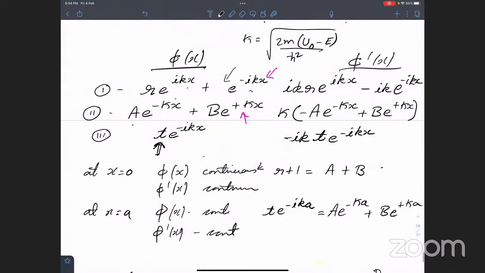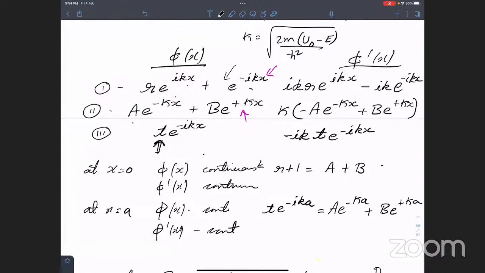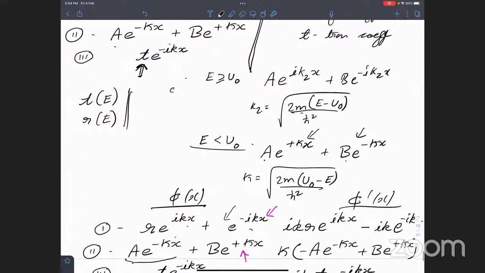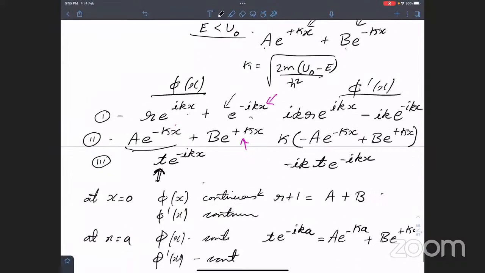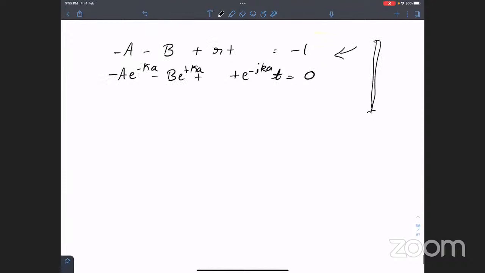This is how we solve it for the case of E less than U naught. If E is greater than U naught, then this will be of the form A e to the power i k2 x, where k2 is this number now. So you'll have a set of equations for E less than U naught, and another set for E greater than U naught.